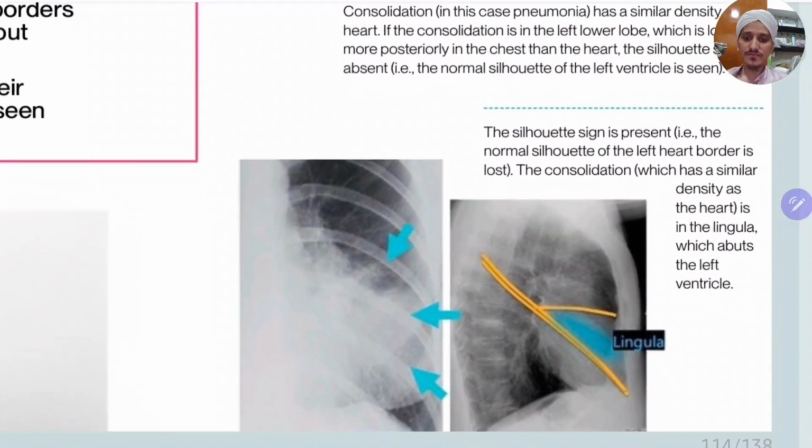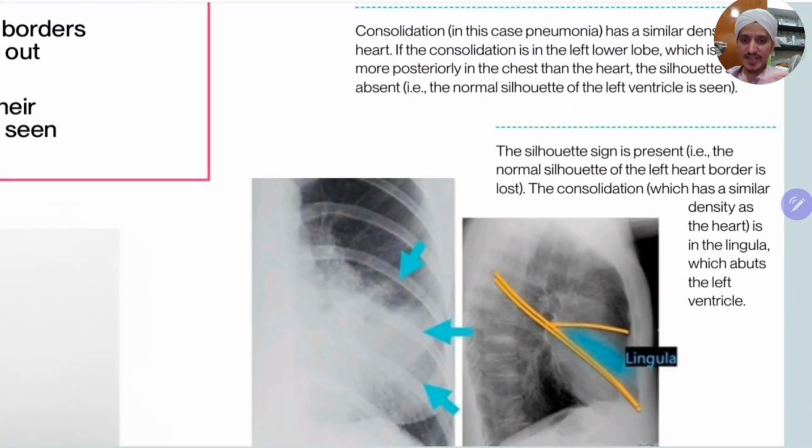Now you see here, same left side. This is the heart, but you are not able to make out the left heart border here. And see here, this is the left cardiophrenic angle which is present.